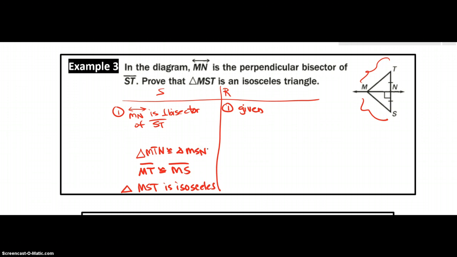We don't know what our reasons are yet, but we will fill them in. We're just putting down our groundwork of where we need to go with this. We know our beginning, we know our end, and now we just have to fill in the middle.